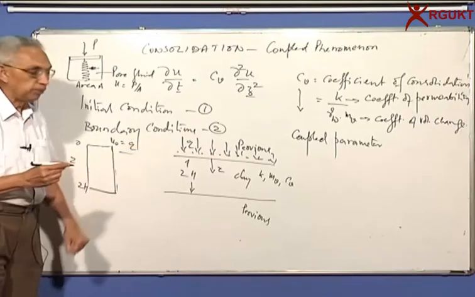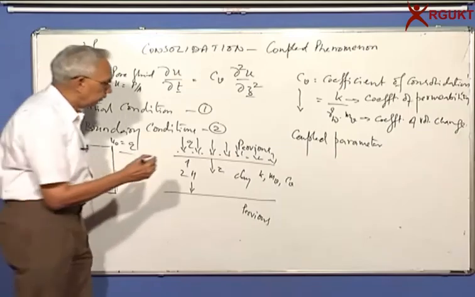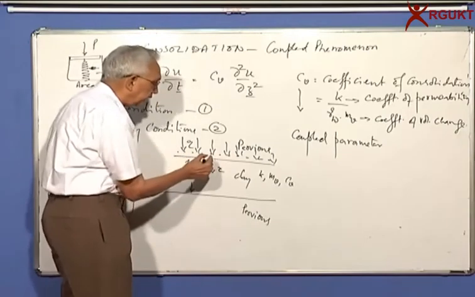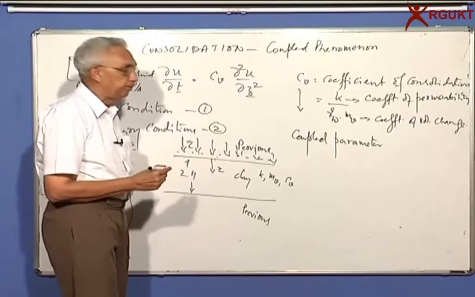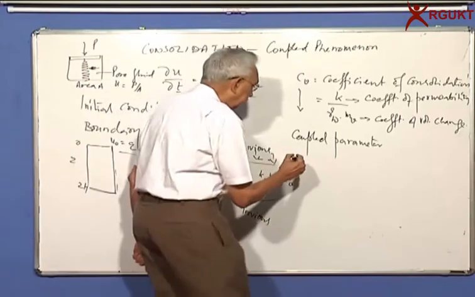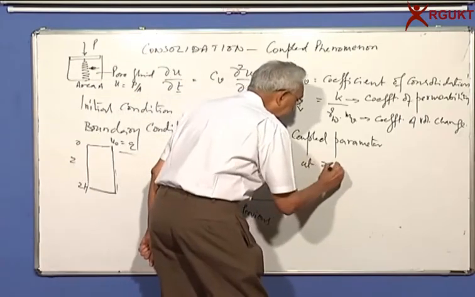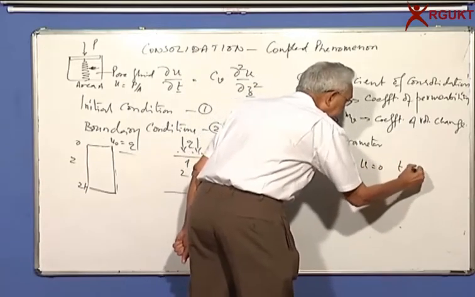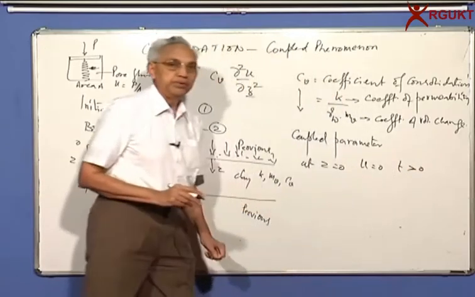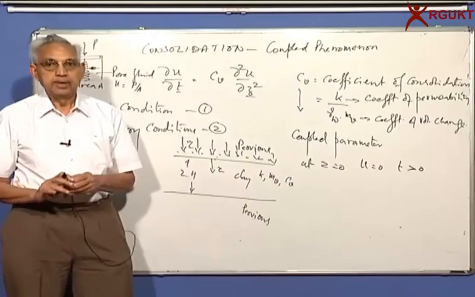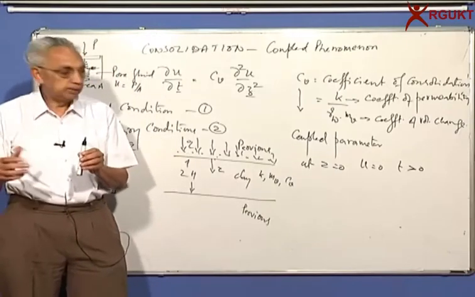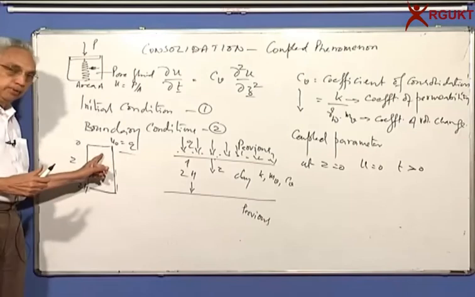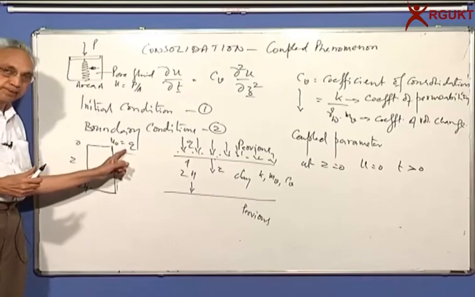Then let's look at the boundary conditions. Here, this is the top boundary, it's next to a highly pervious medium. So we say at z is equal to 0, u is equal to 0 for t greater than 0. Please remember, you have to start the clock. When you apply the load, the pore pressure is equal to the applied stress.